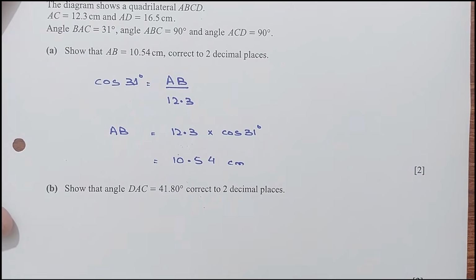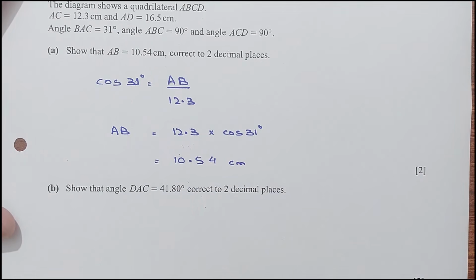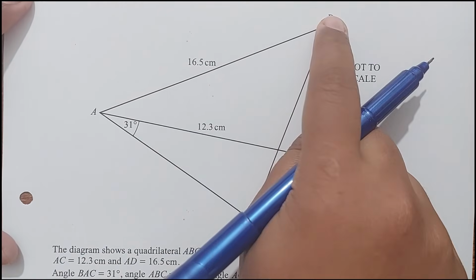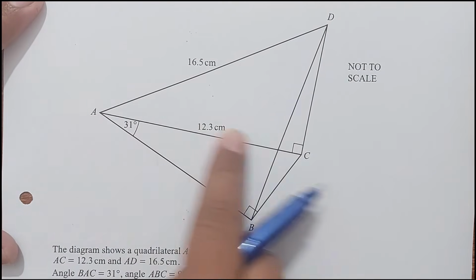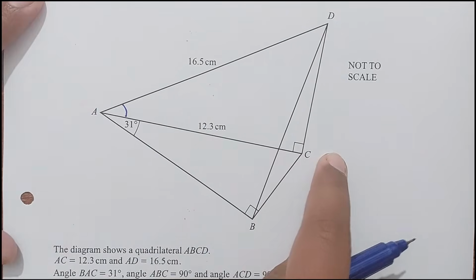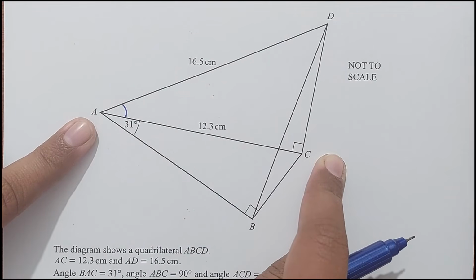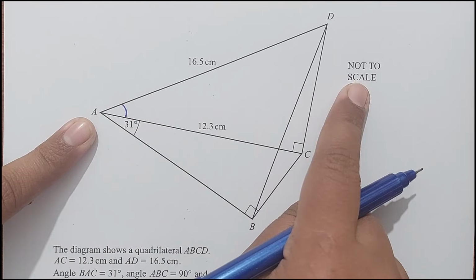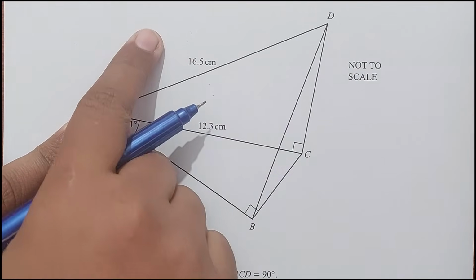Now for part B, show that the angle DAC is 41.80 degrees, correct to 2 decimal places. Where is DAC? D, A, and C, this angle. Considering this right angle triangle, we have to find this angle. This side is opposite, adjacent, and hypotenuse.